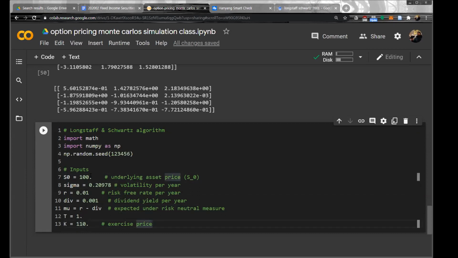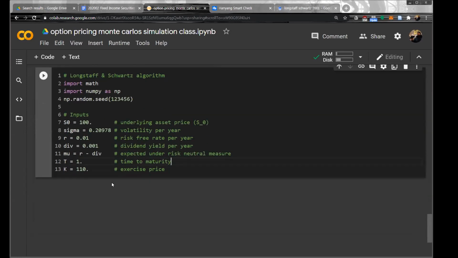So these are the inputs: risk-free rate, dividend yield per year, expected return, exercise price, and time to maturity.